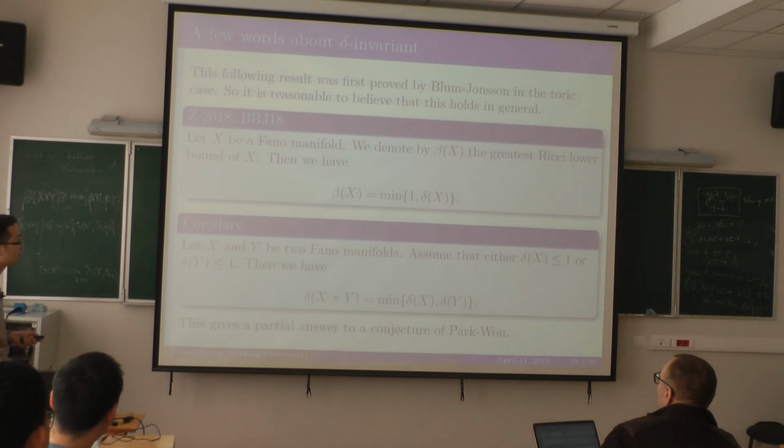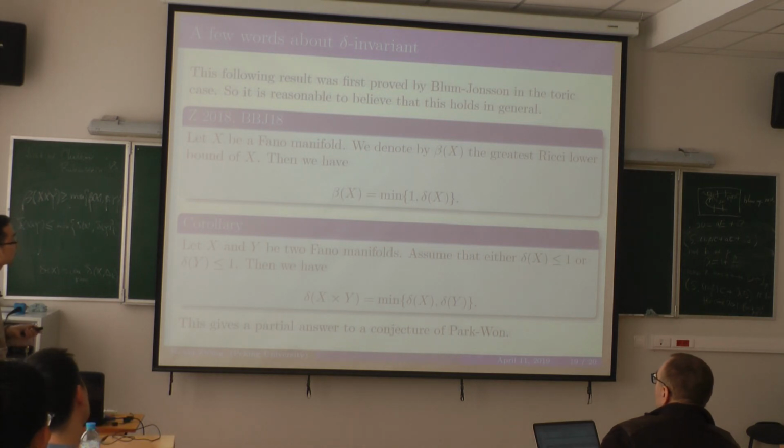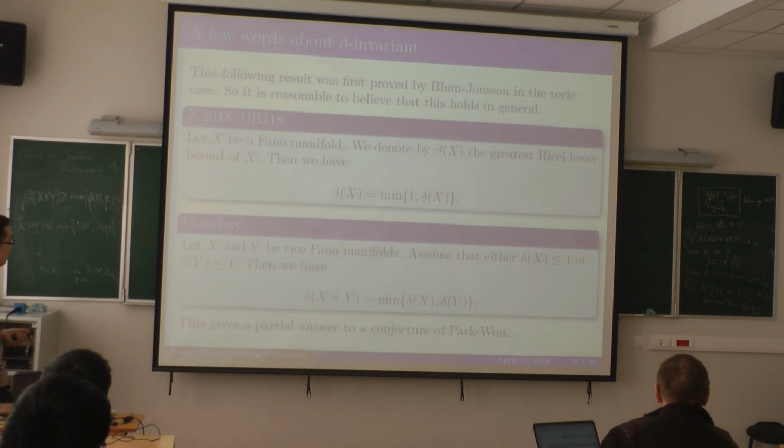But if one of them is smaller or equal to 1, then both are equal to beta, so one can show that this equality actually is true. For the general case, I think there's still something missing. Maybe we have to use some non-Archimedean geometry or something like that. But anyway, this gives at least a partial answer to a conjecture of Park and Wang, I think.